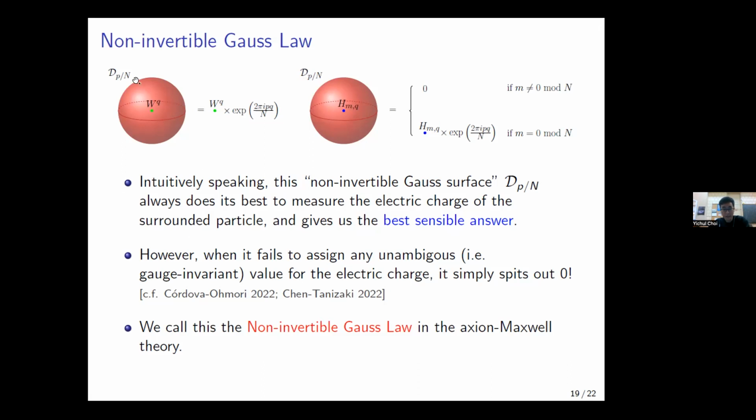So in a sense, this non-invertible Gauss surface kind of behaves like some smart machine or something. And we call this the non-invertible Gauss law in the axion-Maxwell theory. And this is really the punchline of today's talk.